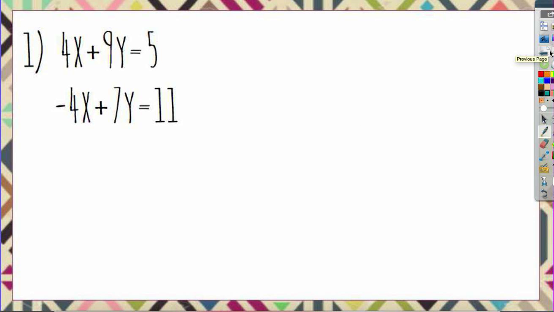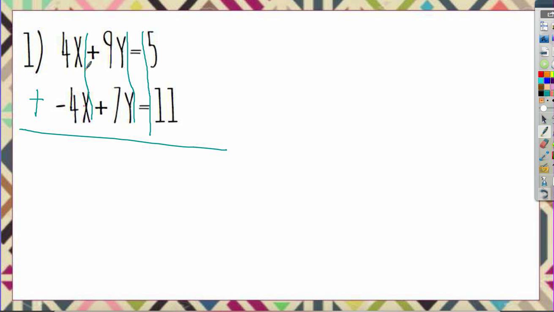So our first example, before we get started, got to make sure it's lined up. I have the x terms over the x terms, the y terms over the y terms, equal signs are lined up, and the constants are lined up. So when we're doing this, we want to see if anything will cancel out. So I got 4x plus negative 4x.